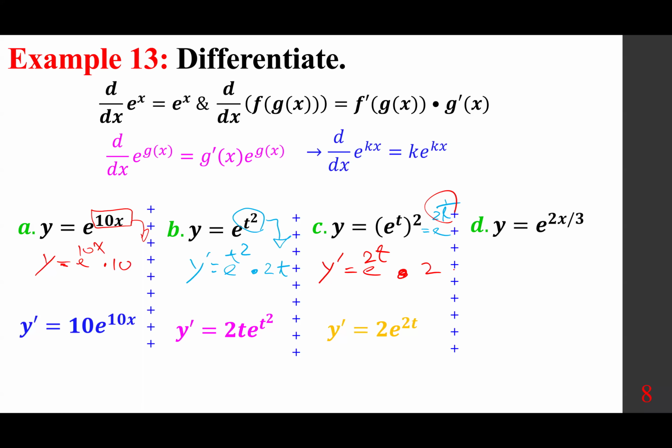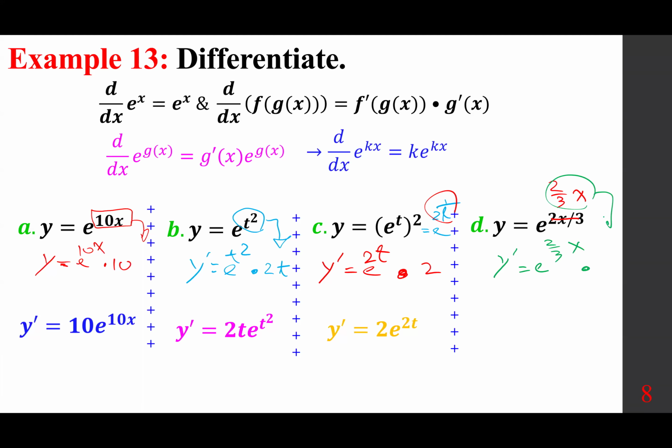Well, y equals e to the power of 2x over 3. First, I want to rewrite this one as 2/3 x, in case. Not that you have to. I want to make sure that we can see what we are dealing with, and therefore I'm going to write y prime is itself, e to the power of 2/3 x, first.